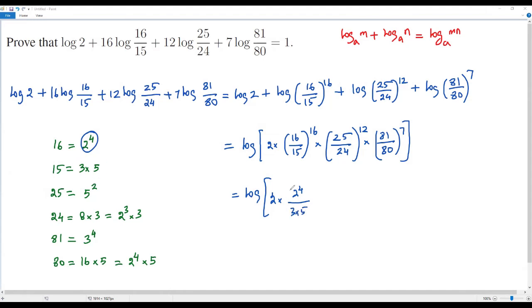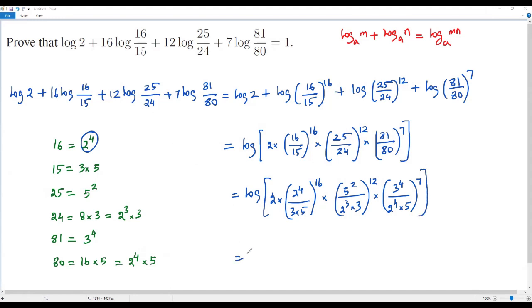So now we can take a whole power 16, and we can write this 25 as 5 squared, and this 24 as 2 to the third power times 3. Let me write it over here, whole to the power of 12. And now we can write this 81 as 3 to the fourth power, and this 80 as 2 to the fourth power times 5. Let me write it over here, whole to the power of 7.